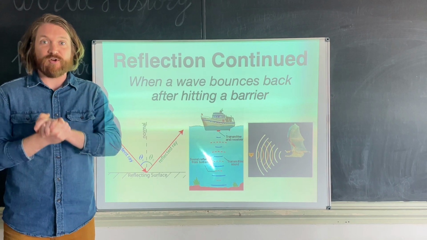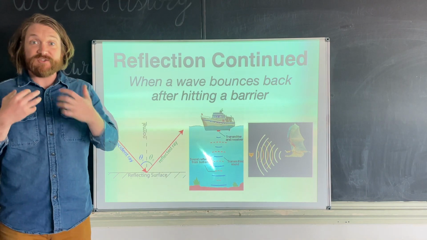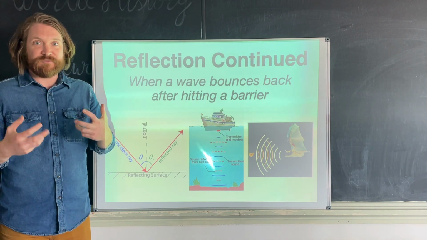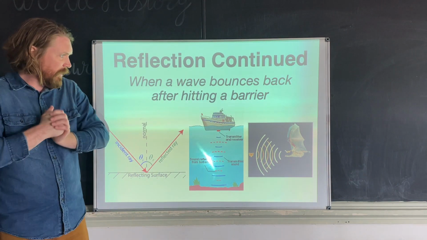This is something that is called sonar, all right? It's something that a lot of animals use, and it's something that we as humans have actually borrowed and used for ourselves. One of the animals that uses sonar to fly around are bats, okay?